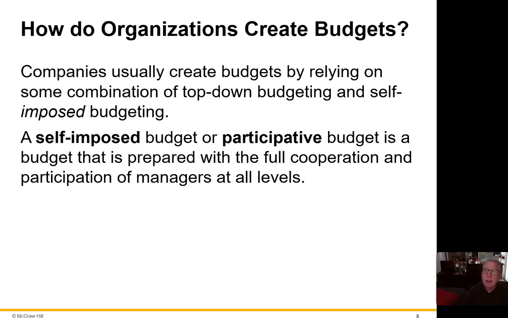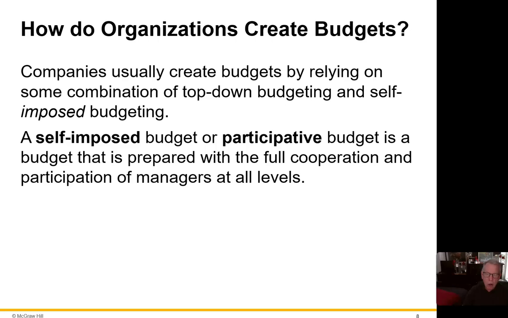So, companies usually create budgets by relying on some combination of top-down budgeting and self-imposed budgeting. What is self-imposed budgeting? I particularly like what they're calling self-imposed budgets. I normally am going to call it a participating budget. And that's where the budget is prepared with the full cooperation and participation of management at all levels.